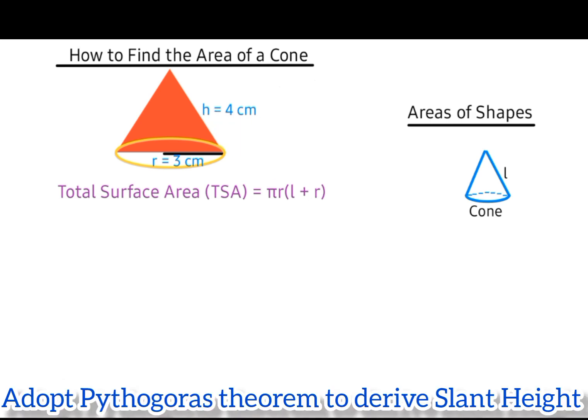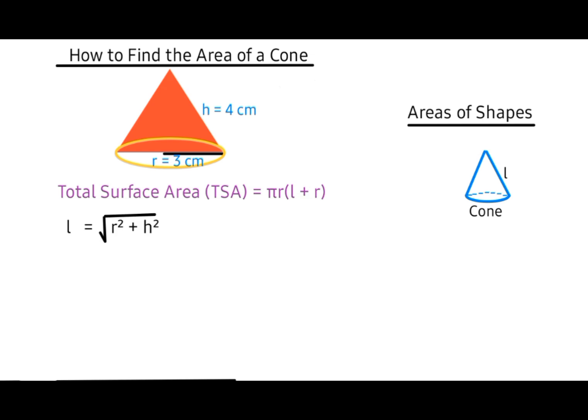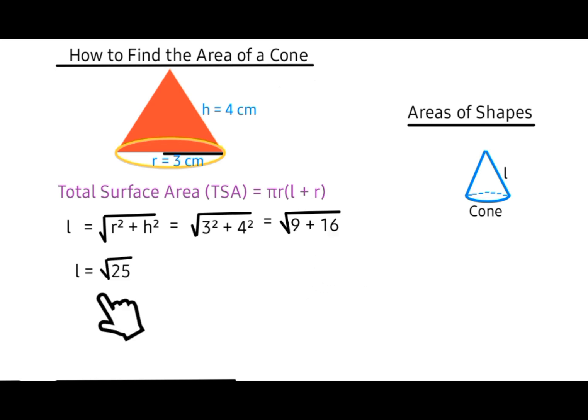Therefore, we adopt the Pythagoras theorem to derive the slant height L. Slant height L is equal to the square root of r square plus h square. R value is 3, H value is 4. The square of 3, 9, plus the square of 4, 16. 9 plus 16, 25. The square root of 25 gives 5. So the slant height value is 5 centimeters.